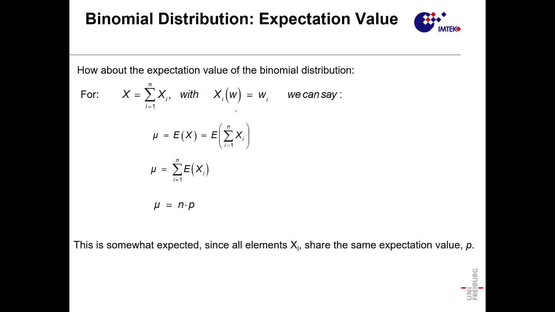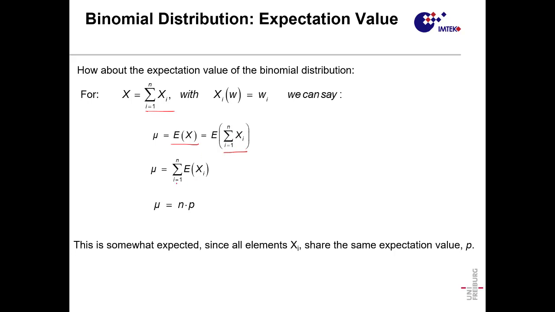All right, so let's see how the expected value and the variance look. The expected value, in this case, would be the summation of the events to happen. We know that the expected value of x is equal to the expected value of the summation of the partition, as we have seen before.